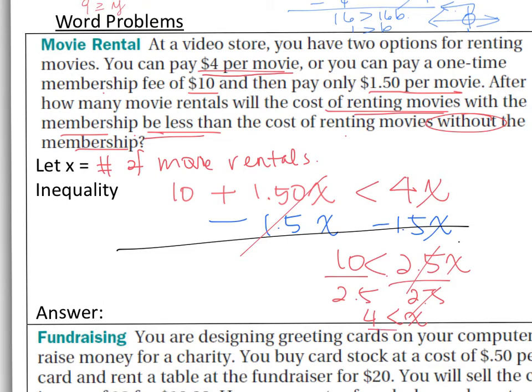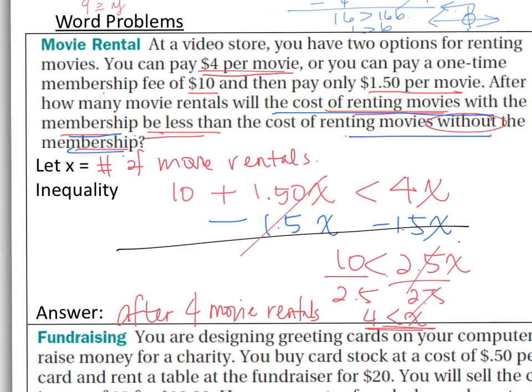So this means after 4 movie rentals, the cost of renting movies with the membership will be less than the cost of renting movies without the membership.